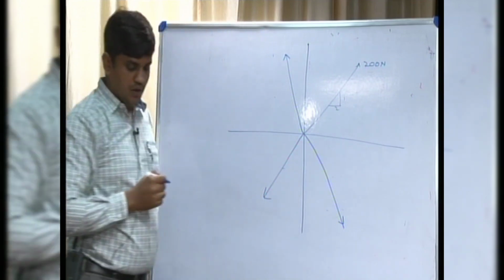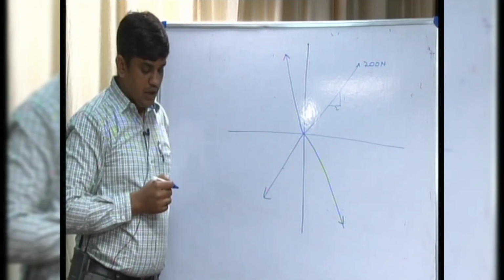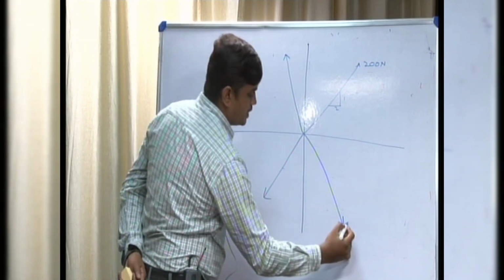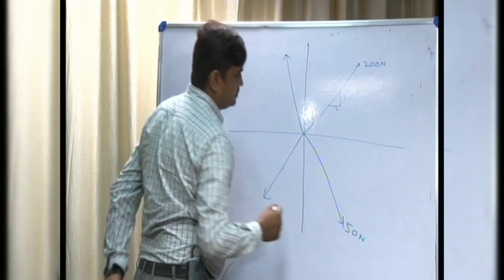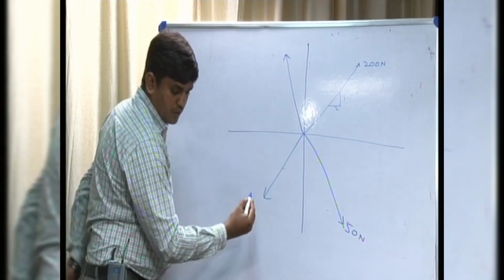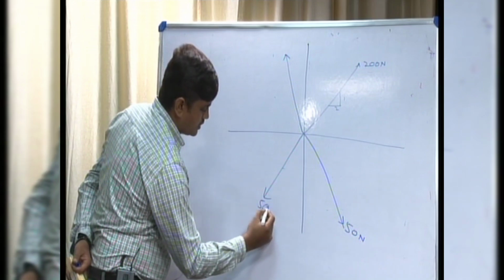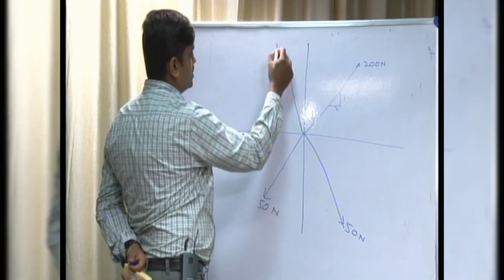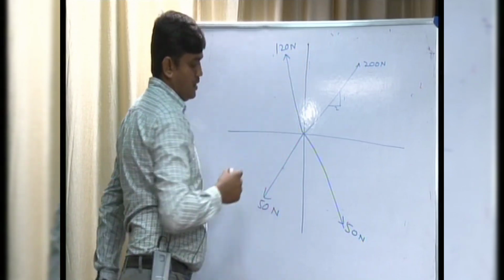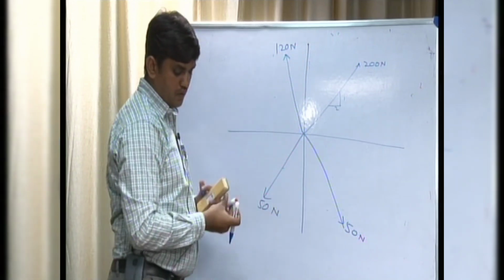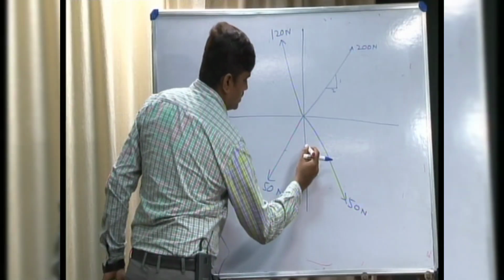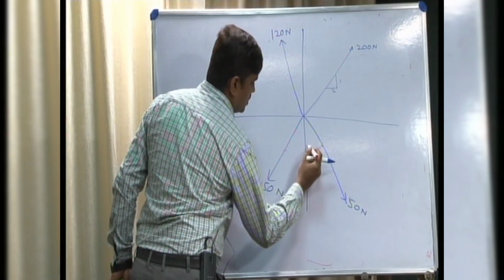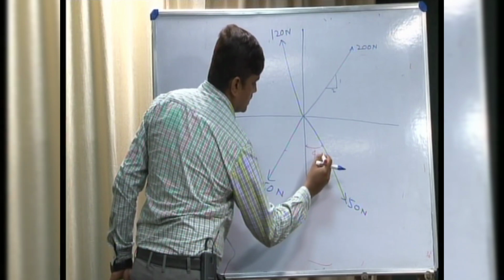One vertical, 2 horizontal, 50 Newton, and the third one is 50 Newton, and the fourth one is 120 Newton, making an angle of 40 degree with respect to y-axis.